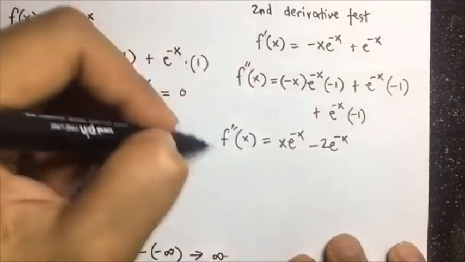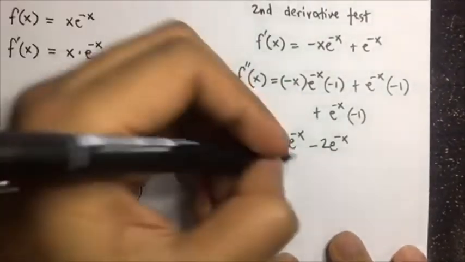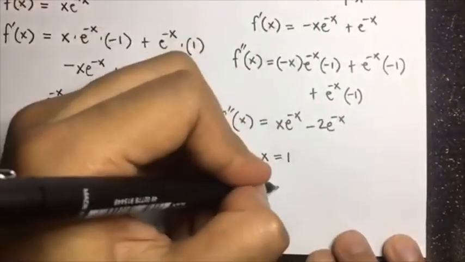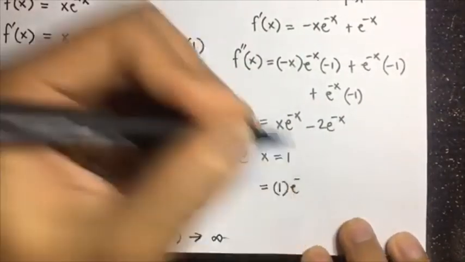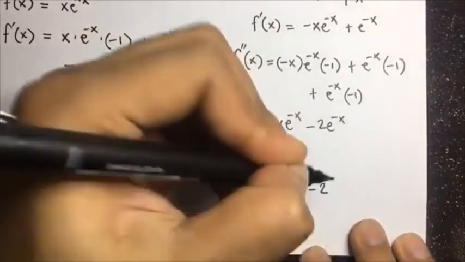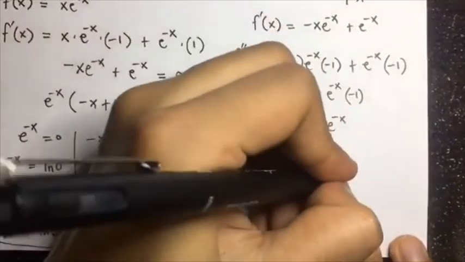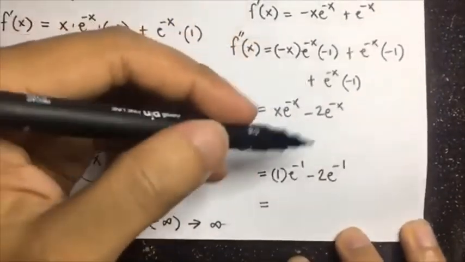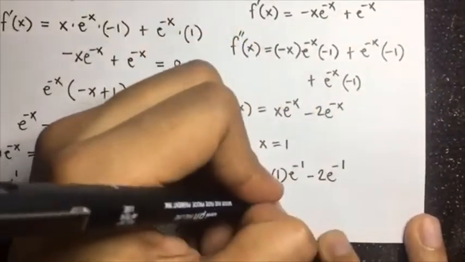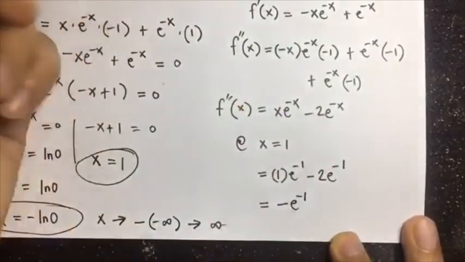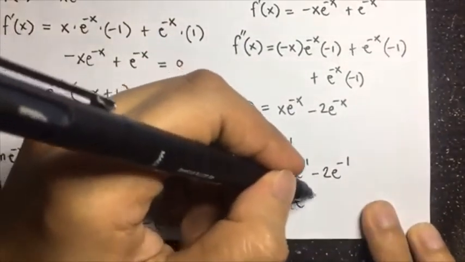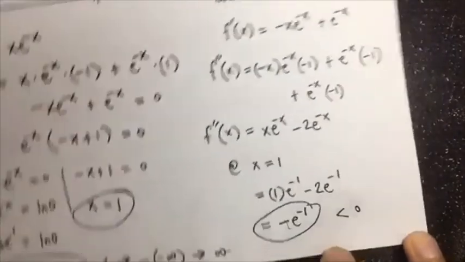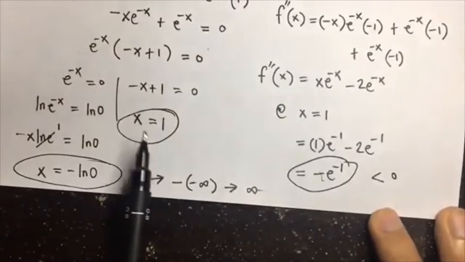Okay, so this is the second derivative. At x is equal to 1, substituting, this will become 1 times e raised to the negative 1 minus 2 e raised to the negative 1. So the value will be negative e raised to the negative 1. Since the value is less than 0, this is a local maximum.